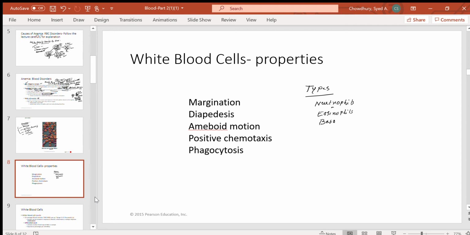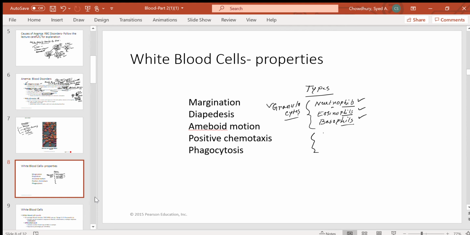These 3 belong to granulocytes. Why? Because if you see these 3 in the cytoplasm, you will find granules, tiny dot-like structures, chemical granules. And they end with phils because these granules can be stained with color, philia, liking of dye or color.